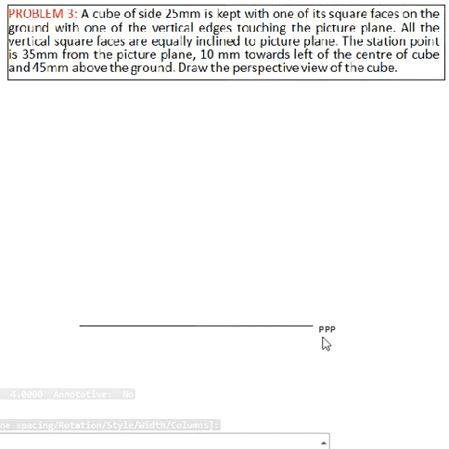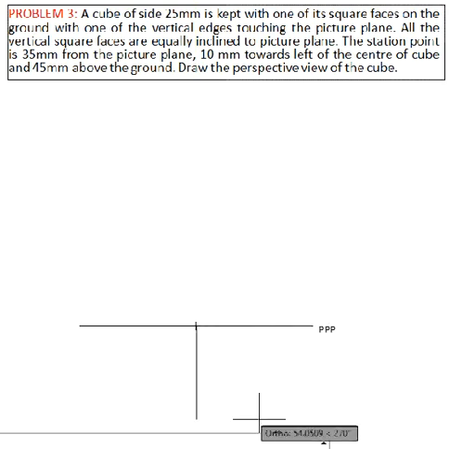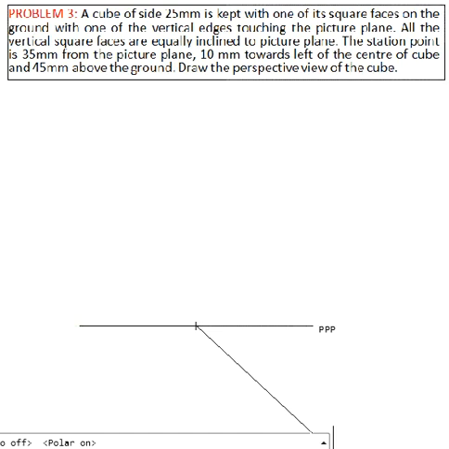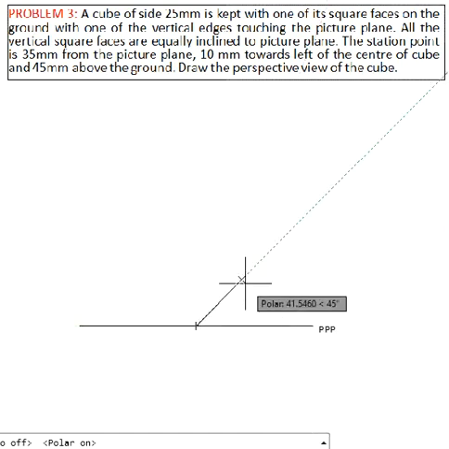Let's draw the PPP line and the top view of the cube. First we draw the PPP line, then you have to draw the top view of the object. It will appear like a diamond-like shape. You can take one point here on the PPP line, then it is inclined 45 degrees with the PPP line and the side length is 25.